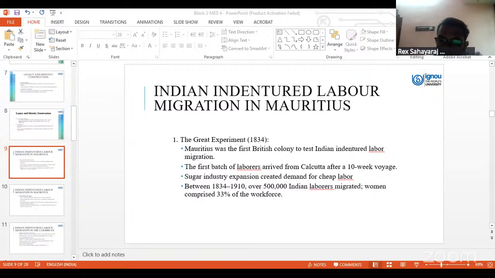Comparatively they were getting some job or social recognition there, so they stopped returning. Only a quarter of them returned, and some returned again to their host countries because they had a decent life there compared to the caste discrimination in India.